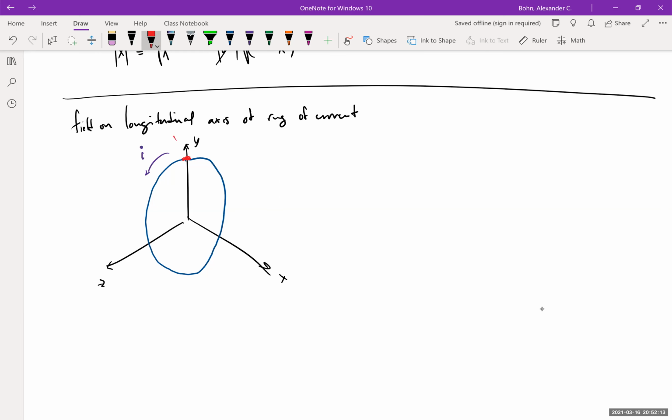We've got the differential length vector dl, which points in the direction of the current.